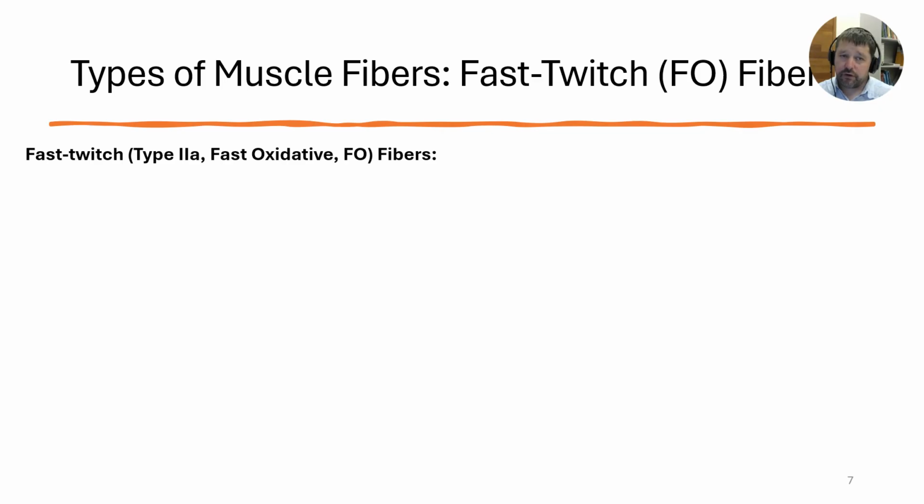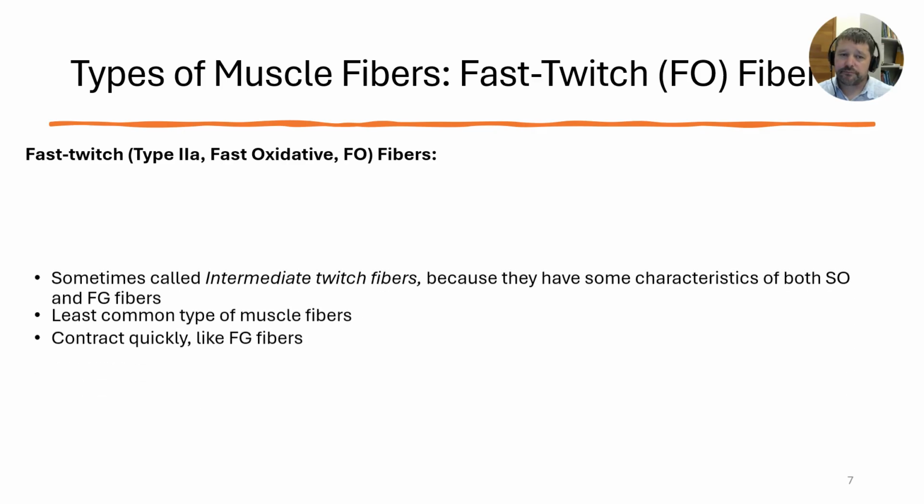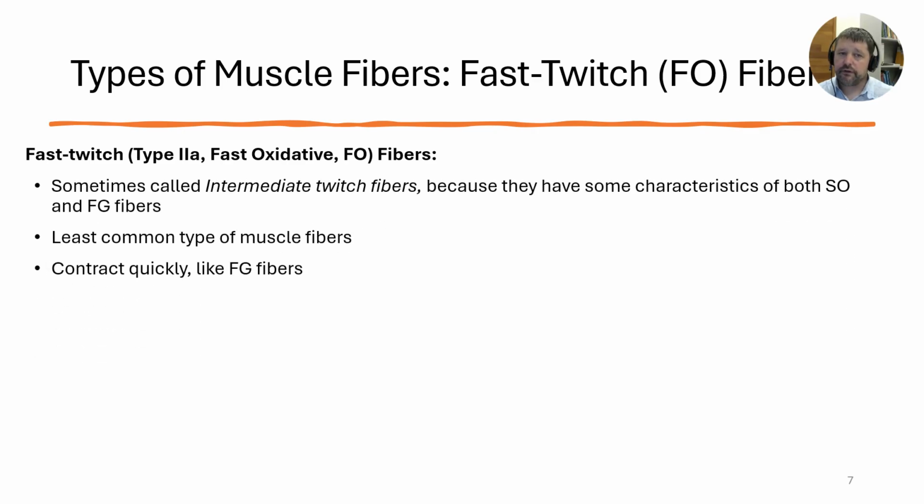Fast twitch type 2A is going to be the oxidative, or FO fibers. Sometimes these have been called intermediate twitch fibers, and they have characteristics of both SO and FG, so slow oxidative and fast glycolytic fibers. Okay? They are kind of the best of both worlds.